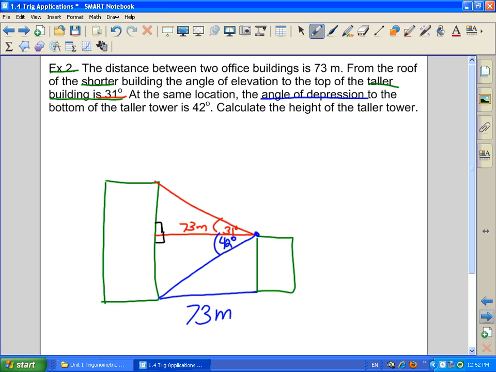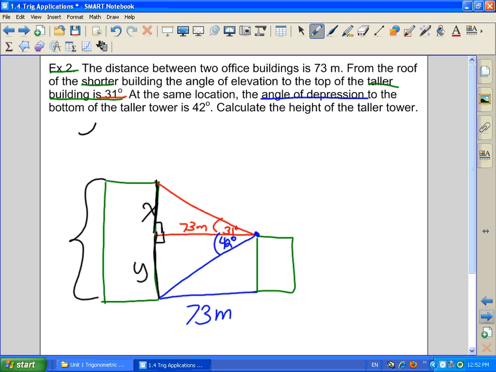Now we need to figure out, how do we calculate this height? Well, again, I'm looking at where my information is, and I've got information in my red triangle, I've got information in my blue triangle. But what I need to do is to get this complete height. So I'm going to say, hey, I can find x from my top triangle, and I can find y from my bottom triangle, and then how do I get the total height? It's going to be x plus y.